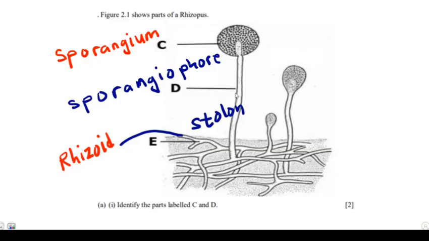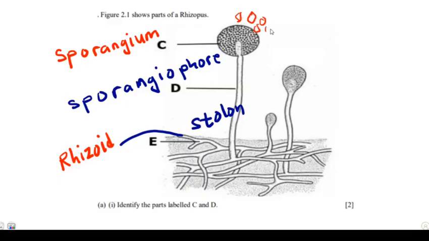This sporangiophore, as you can see, is an aerial hypha. It grows vertically from the stolons. So this sporangiophore supports the sporangium, just like I said earlier. When you look at the sporangium, it is a sac-like structure at the tip of the sporangiophore, and it contains what we call spores.